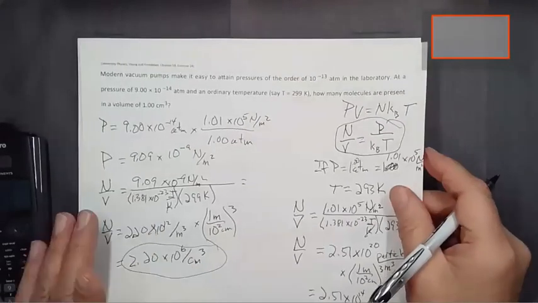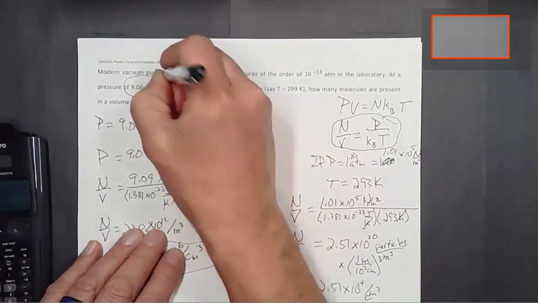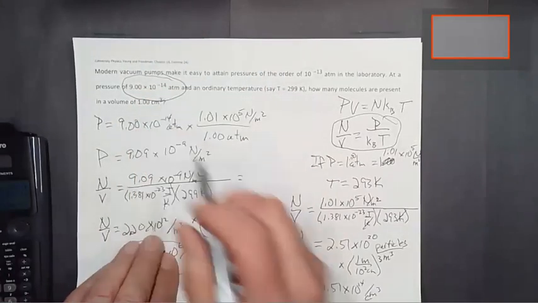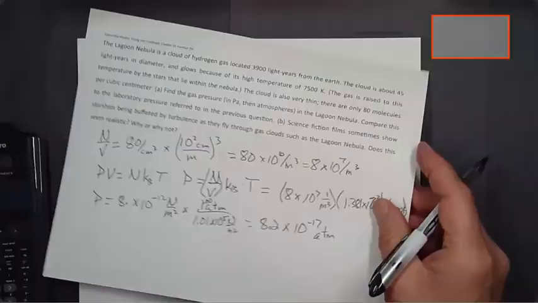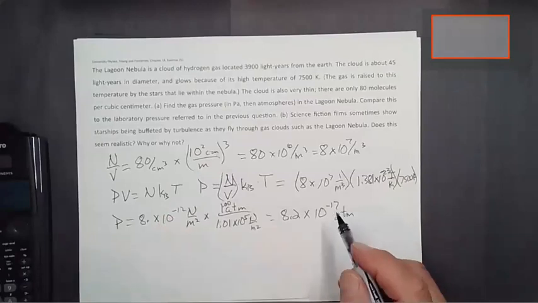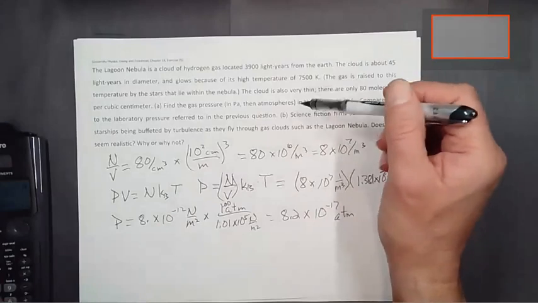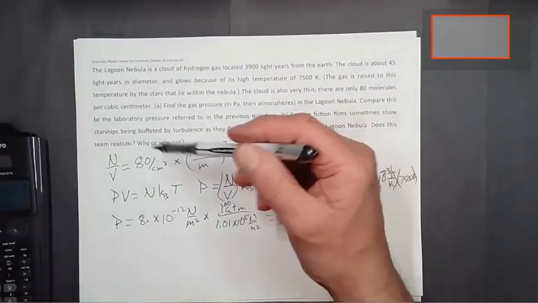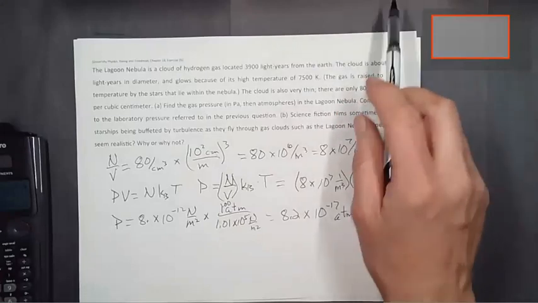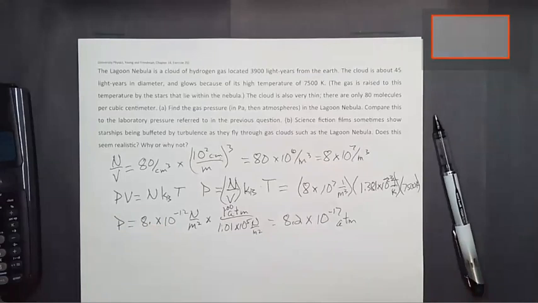And the previous problem talked about a really good vacuum pump in a laboratory, 9 times 10 to the minus 14th atmospheres. This is 1,000th of that value. And this is one of the more dense regions in space, when you start getting that many particles. So nature beats the best vacuums that we can come up with by quite a bit.